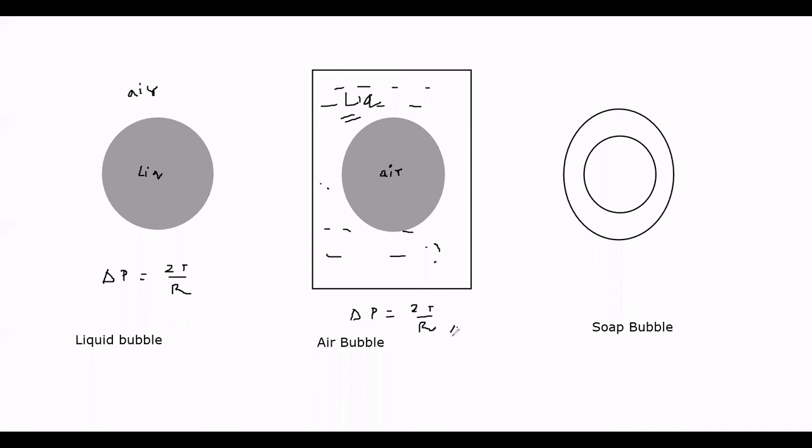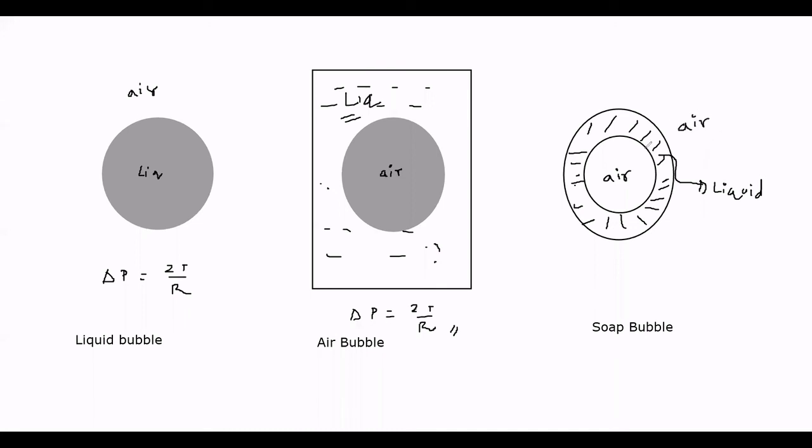But there's a slight change in a soap bubble which I would like to discuss with you all. In a soap bubble, what happens is, the soap bubble is made up of a layer which is called the liquid layer or the soap layer. Only this much of layer is your liquid surface, and inside it is filled with air, outside also it is filled with air.